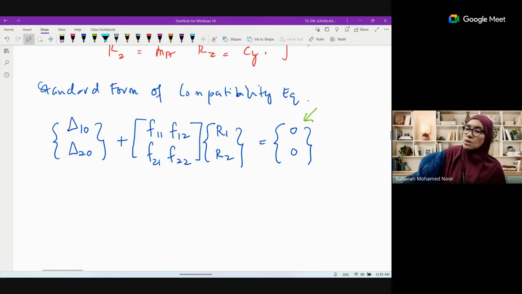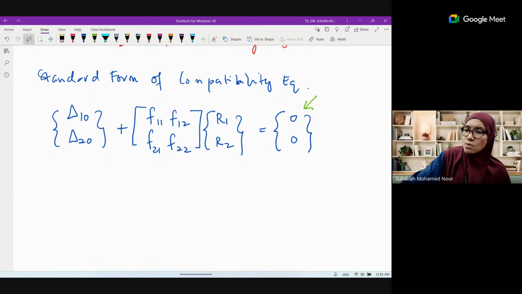Here we have 6 displacements: delta 1 naught, delta 2 naught, F11, F12, F21, F22, all of these are displacements. They come from 3 systems. Look at the symbols inside: there are only 3 labels, 0, 1 and 2.